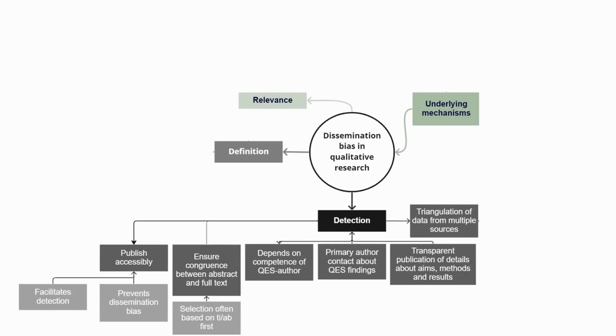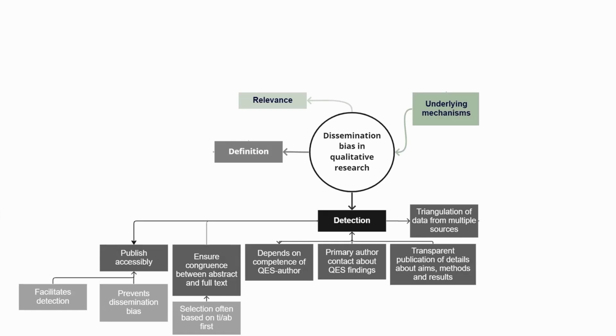The people we discussed with also expressed that they think that the detection of dissemination bias might depend on the competence of qualitative evidence synthesis authors. So they think that depending on their methodological expertise or the content knowledge, they might be more or less likely to detect dissemination bias or gain an understanding of whether it might be at play.